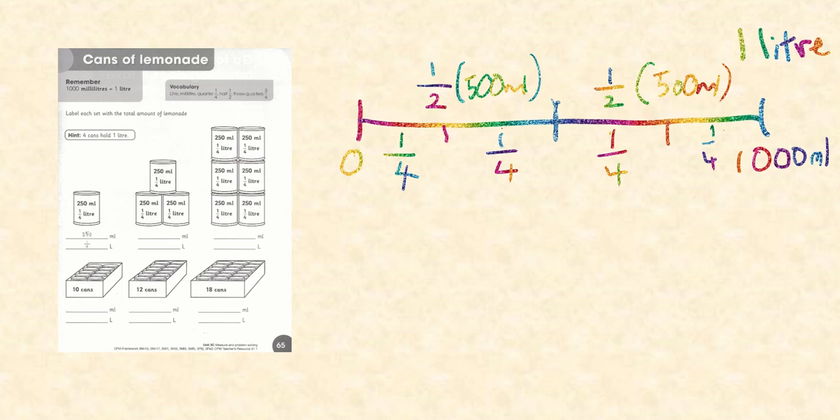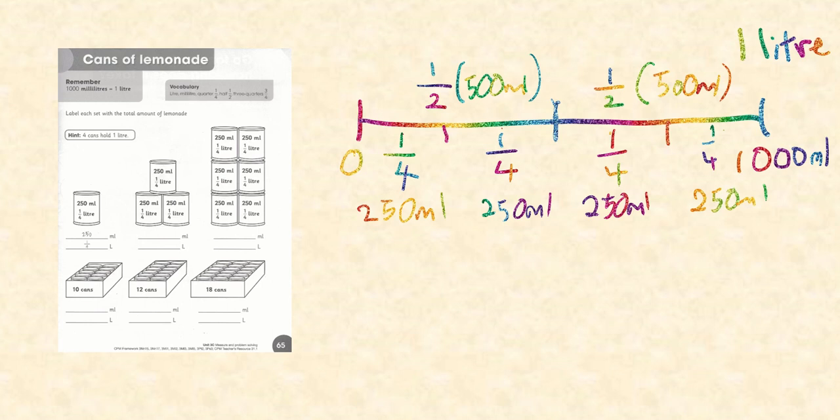Let's look at this that way. 1 whole liter is 1000 milliliters. When I cut it into half, I have 500 milliliters, 500 milliliters. I cut it further down, so I will have 250 ml here, 250 ml here, 250 ml here, and 250 ml here. So now we know we have 4 portions of 250 in 1 liter. Do you understand this? Very good.